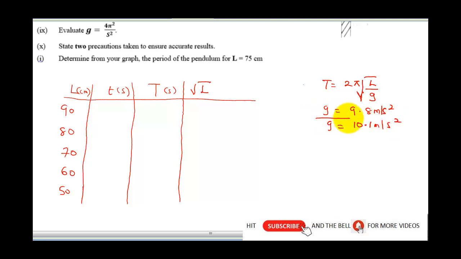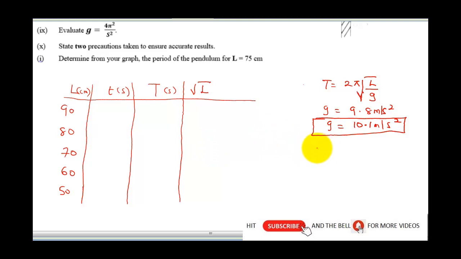This is what we are going to take our g as for the purpose of this experiment, so that we don't get 9.8. If you get 9.8 exactly, someone is going to think you did not do the experiment. But once you get your g plus or minus 0.5, you are in the range, so your result will be accepted. So now we know our g is 10.1.